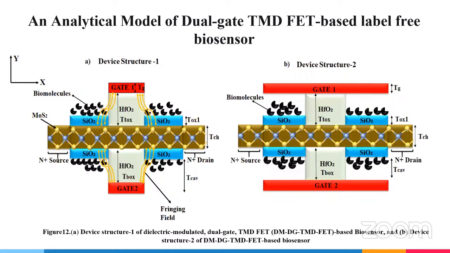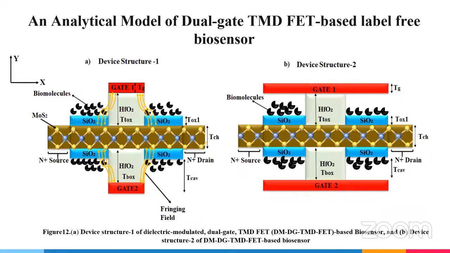So we have also worked on a 2D material TMD FET-based biosensor for label-free biosensing, and we have developed an analytical model for that biosensing, and we have also published a very good scientific report. These are the two structures that we have focused on. The first one is without the gate over the cavity, and the second one is with the gate over the cavity.